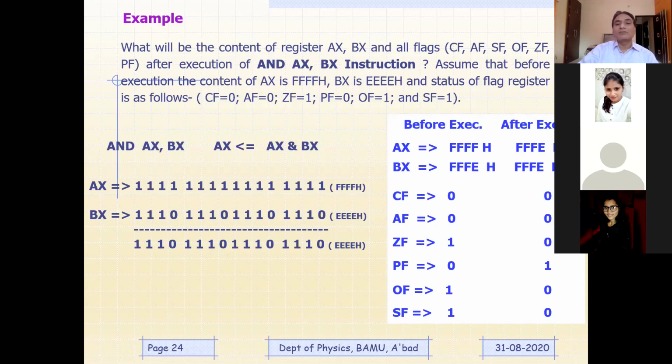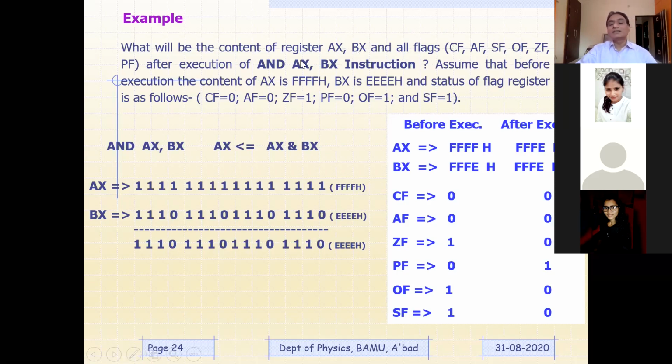Now you can see, what would be the content of registers AX and BX and all flags? There are 6 conditional flags. After execution of the AND AX comma BX instruction, what would be the content of AX, BX and flags?